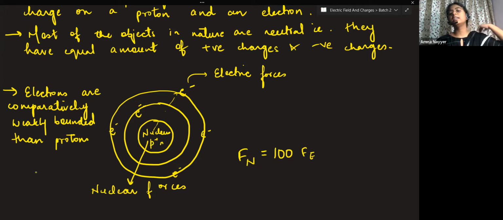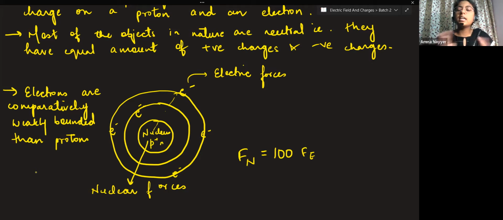It's just that it has a deficit of electrons. That's why we say the body is positive. Whenever we refer to a negatively charged body, it means the body has an excess of electrons. Electrons get transferred from one body to another. If a body is positively charged, it has a deficit of electrons.